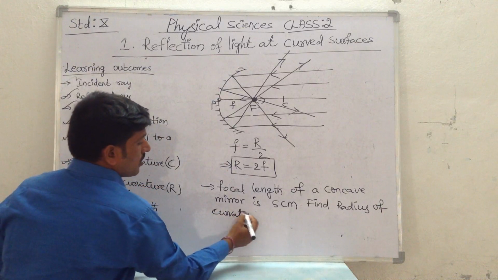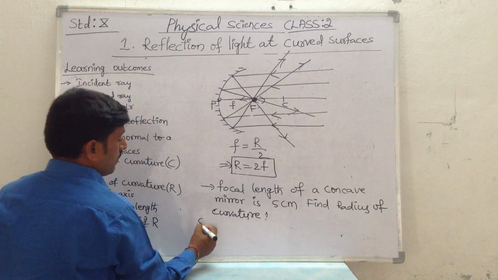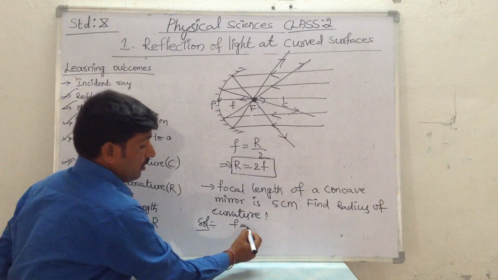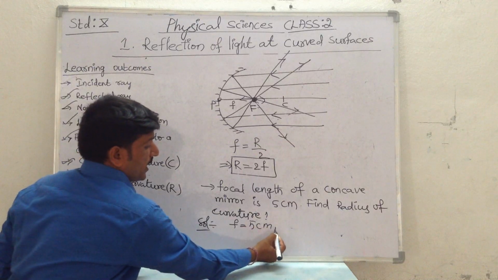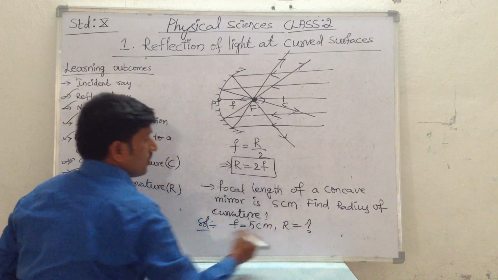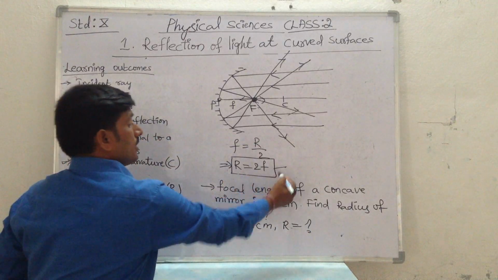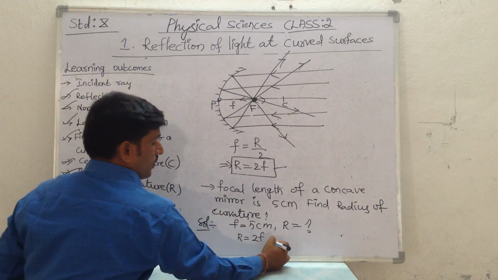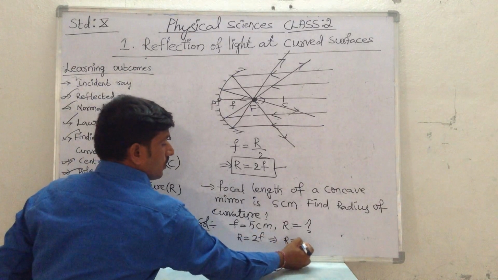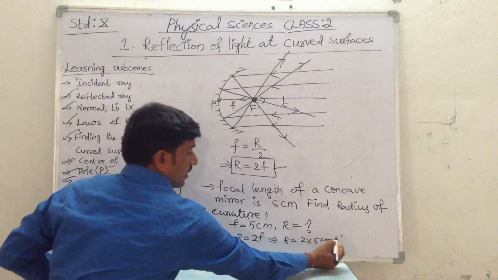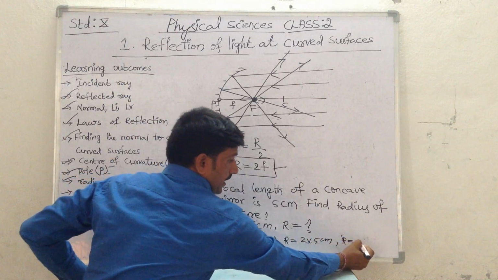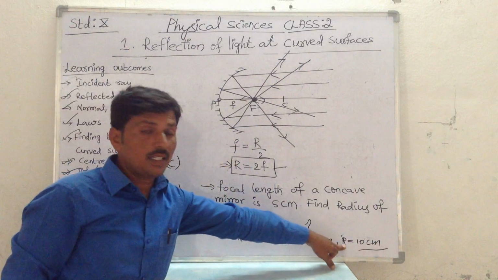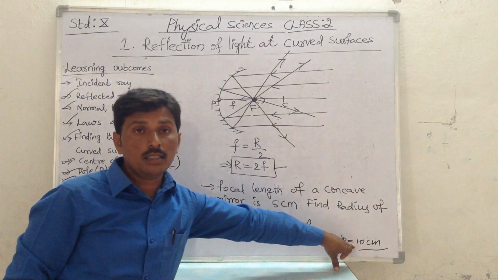First write the given data: the focal length f is equal to 5 centimeters. We have to find the radius of curvature, R. The principle is R is equal to 2f. Substituting, R is equal to 2 into 5 centimeters. Then we get the radius of curvature as 10 centimeters.